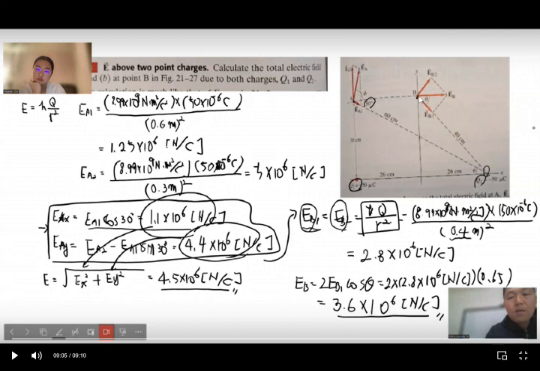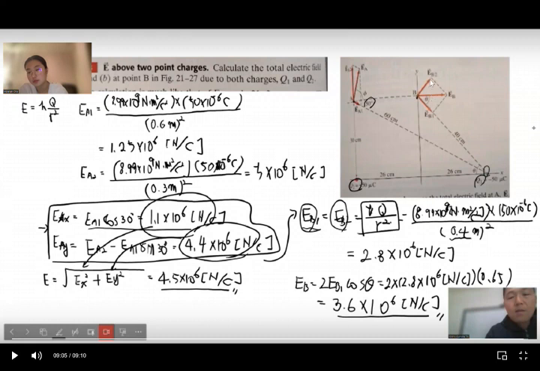Their distances from Q1 and Q2 to B are the same, so their magnitudes are the same, but their directions are quite opposite. If you decompose EB1 and EB2 in x and y directions, then EB1x is projected onto the x-axis, and EB2 also projected onto the x-axis. Their magnitude is doubled.